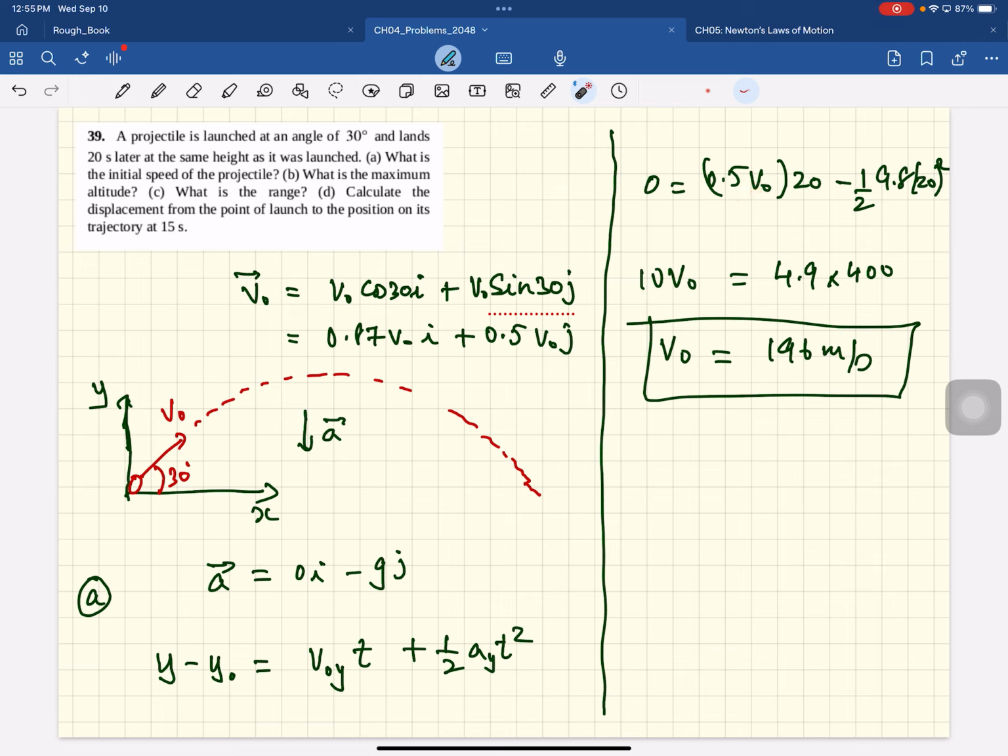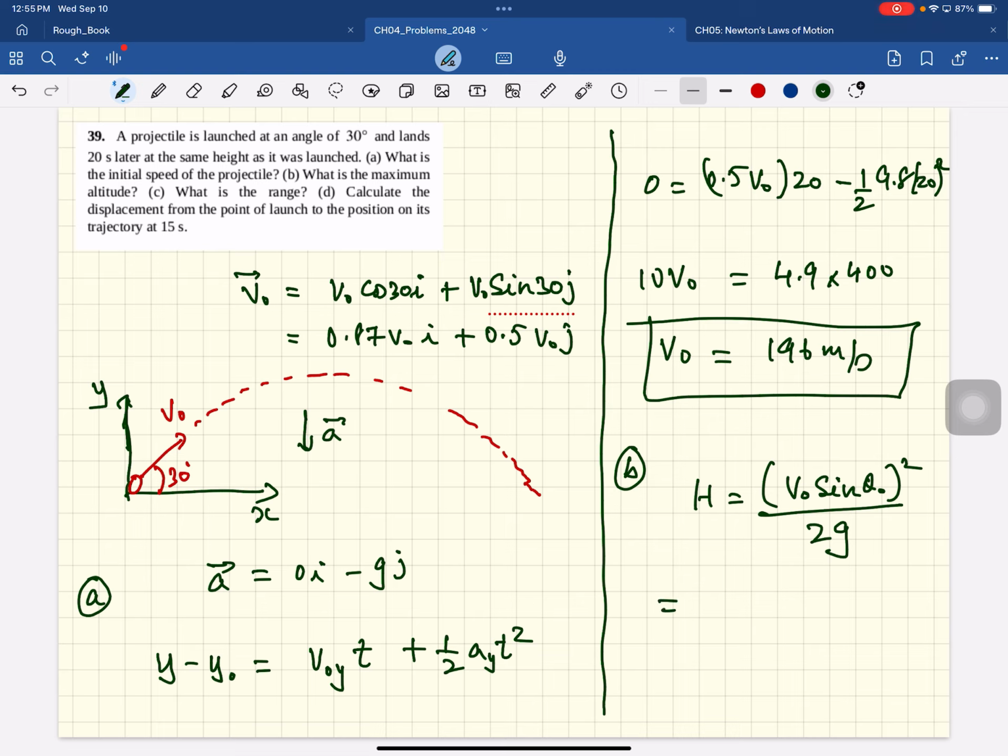What is the maximum altitude? So they're asking us to find this height it goes. You can look up this formula from your notes. It's v0 sine theta squared divided by 2g.